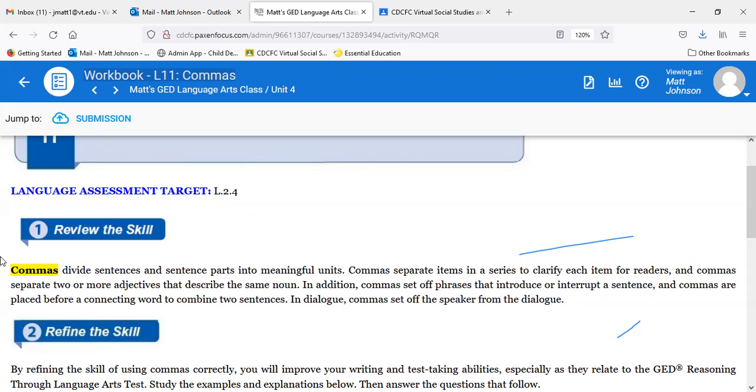Not so much that you pause when you read it, though you do to some degree in certain situations, but it helps signal to the reader different information, a different point in the sentence, whether it's serial or something like that. It's sort of like switching gears, right? There's something new or something different, and that's what the comma helps set aside.